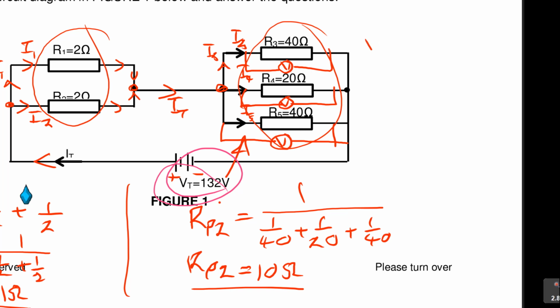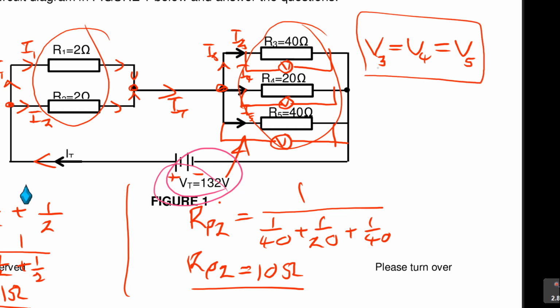Now, guess what? The voltage across the 40 ohms, actually across R3, V3, is equal to the voltage across R4, which is equal to the voltage across R5. Why? Because these are parallel. Parallel resistors have the same voltage. So if I can find the voltage here, I'll be done.